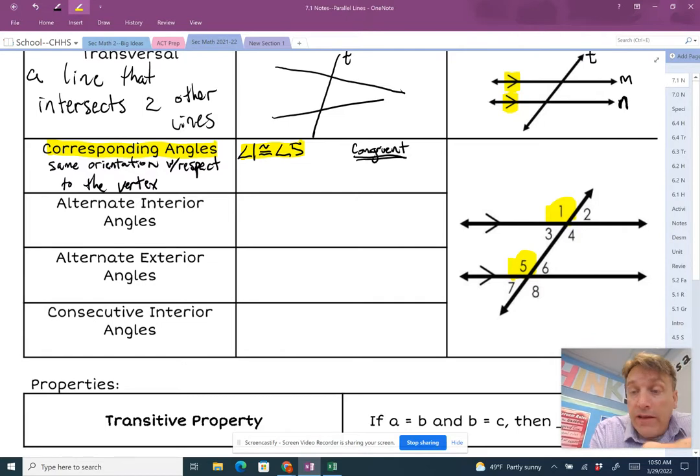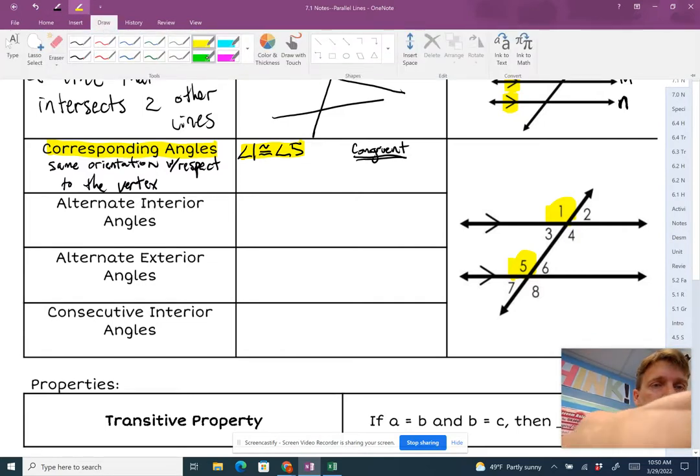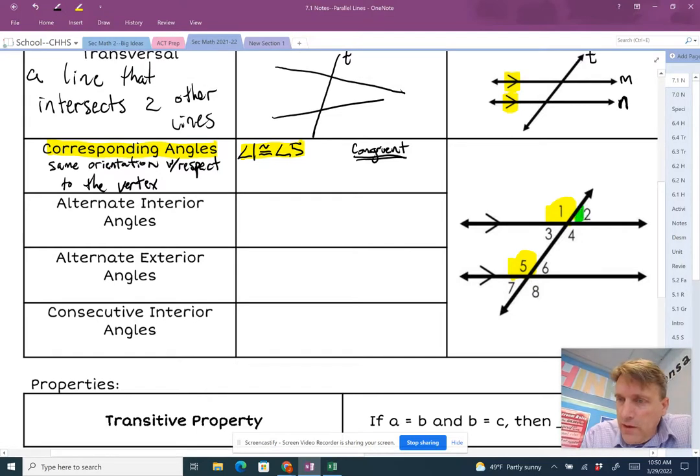When you have parallel lines, they have to be parallel lines. So if I go to angle 2, that is up and to the right. And so if I go to the next vertex, up and to the right would be angle 6. And so angle 2 is congruent to angle 6.